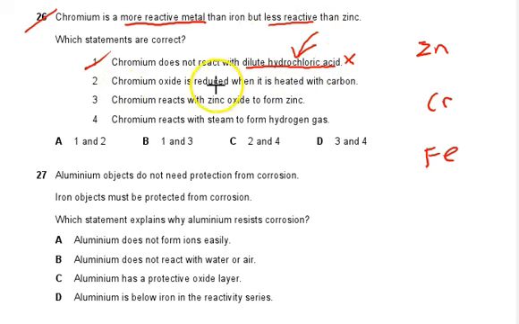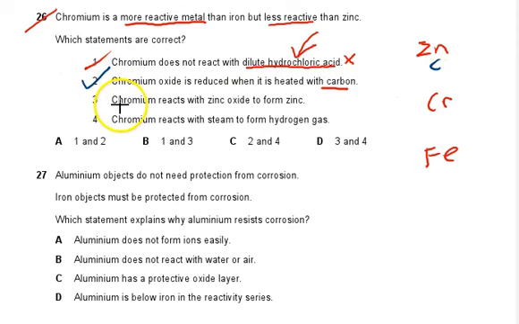Chromium oxide is reduced when it is heated with carbon. Please remember, carbon is positioned below zinc, and zinc is much more reactive compared to chromium. So when we mix with carbon, it can be reduced. So number 2 is correct.